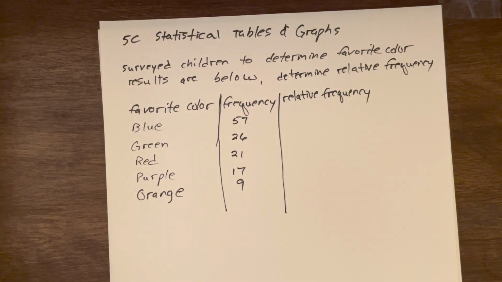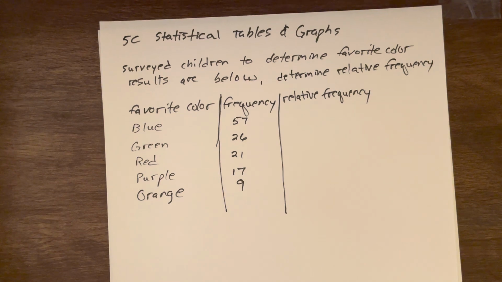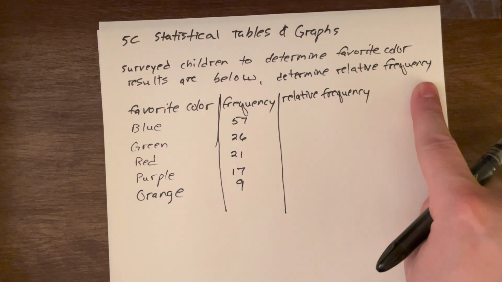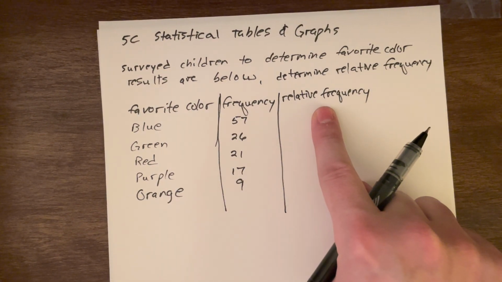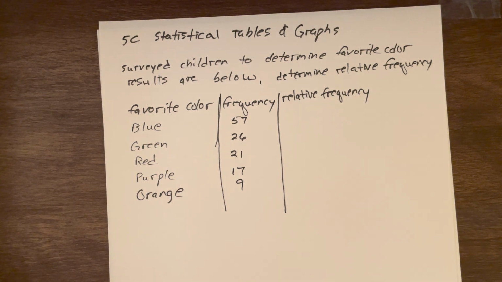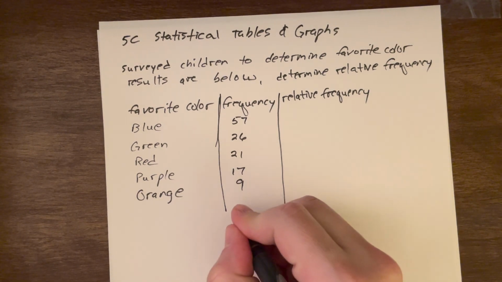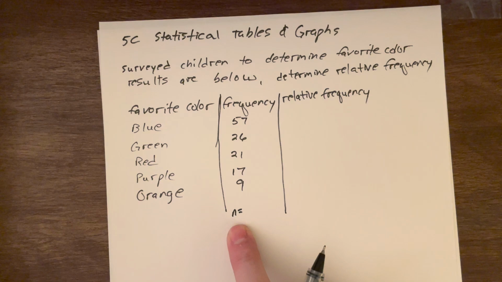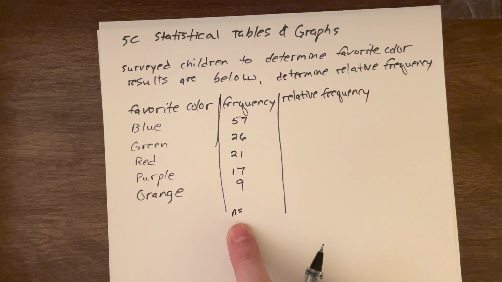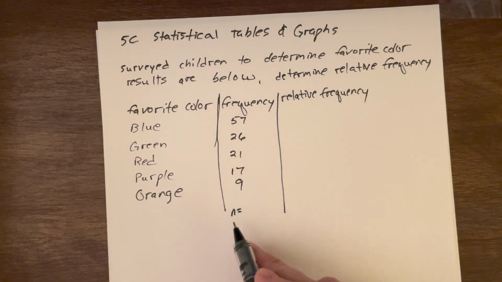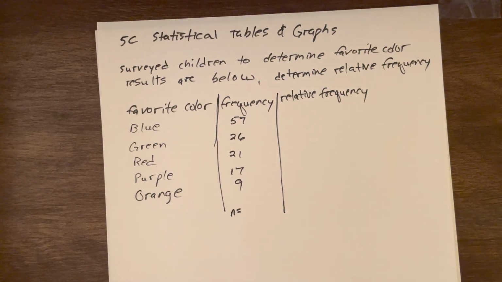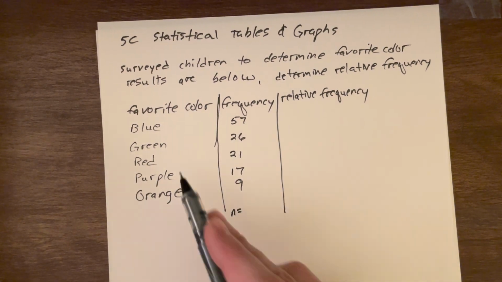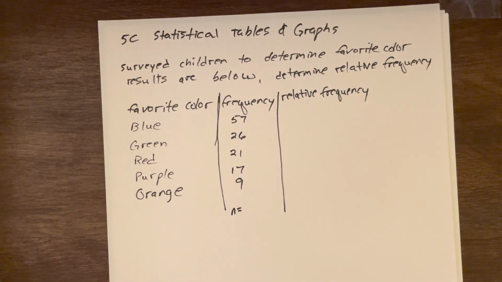Sometimes that information is given right off the bat, but not always. And here it was not given, so for us to determine the relative frequency, we have to figure out that total. I'm jumping ahead a little bit, but we often use the lowercase letter n to stand for number, just to have that connection: the number of values, the number of objects. So here, the number of people who were surveyed.